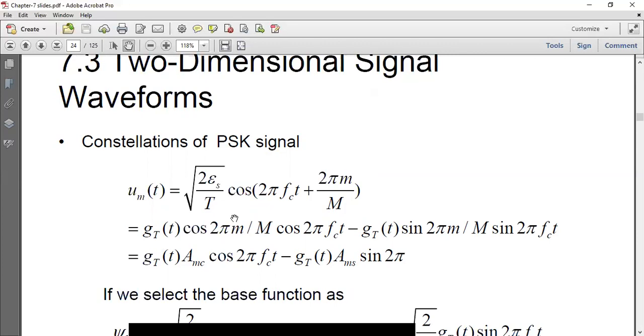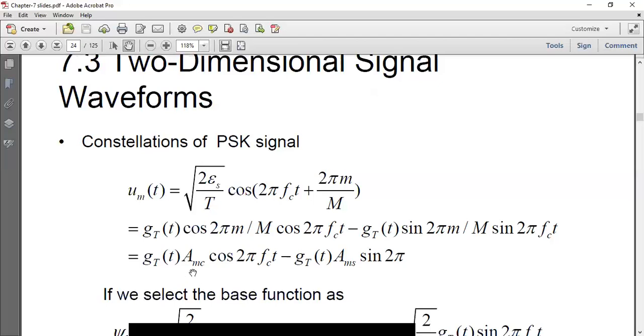Then this sine expression can be expanded, and we can take cosine 2 pi m over M into cosine 2 pi fct, using cosine alpha plus beta, which is cosine alpha cosine beta minus sine alpha sine beta. If you take this as beta and this as alpha, then this expression will be available.